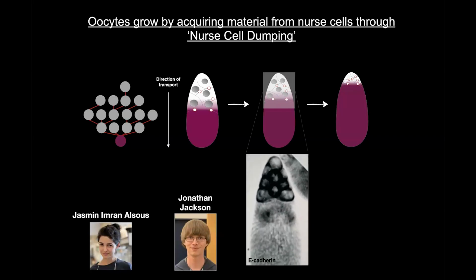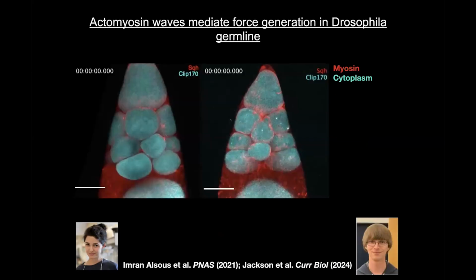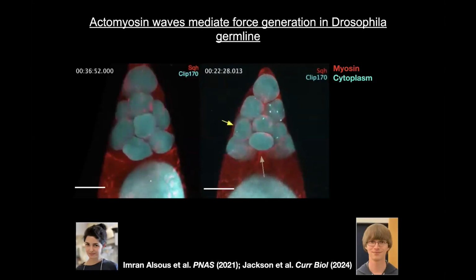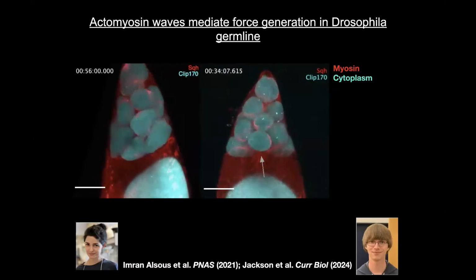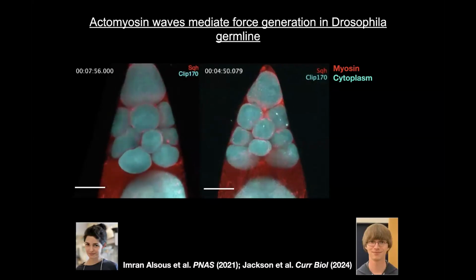And what Yasmin and Jonathan Jackson discovered when they were in the lab is that halfway through this process, myosin goes from being isotropic across the cortex to developing this wave-like behavior that squeezes the cells. So this was the first example of waves that came to my lab.